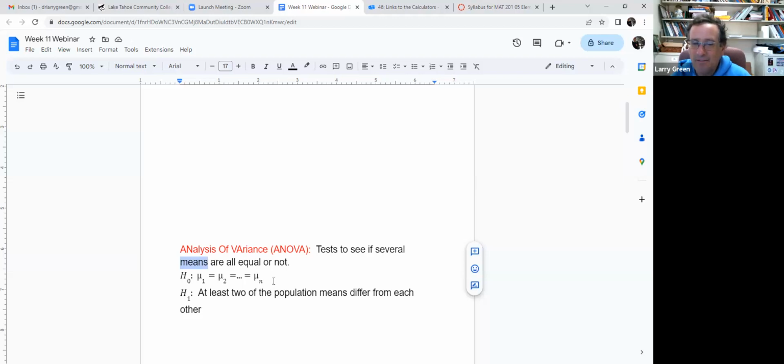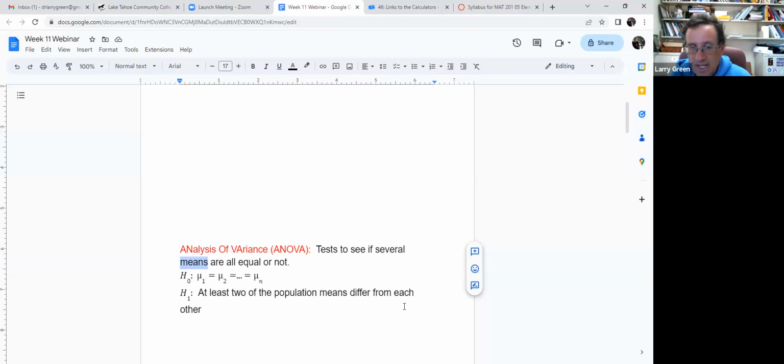Because you could have, let's say it was the average weight in the different states in the United States, and maybe California and Oregon have the same average weight, but maybe Alabama is different. So you could have some of them equal and some not equal to each other, and then H naught would be false. So the way you can say that in a sentence is at least 2 of the population means differ from each other.